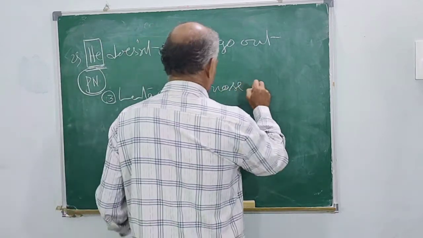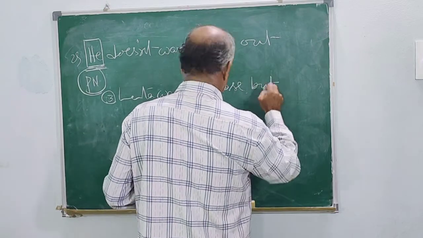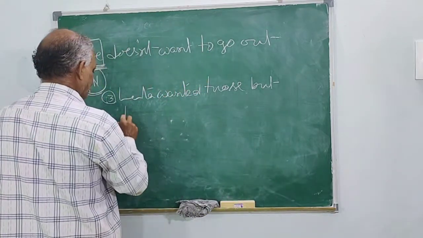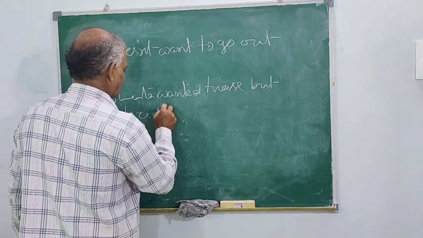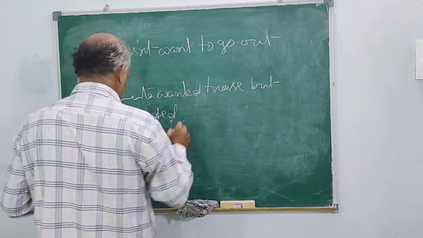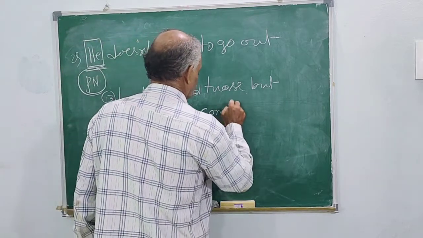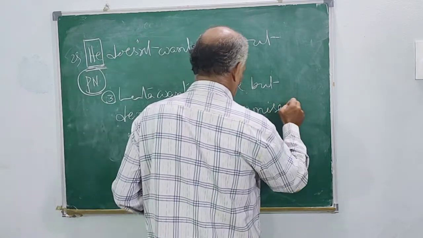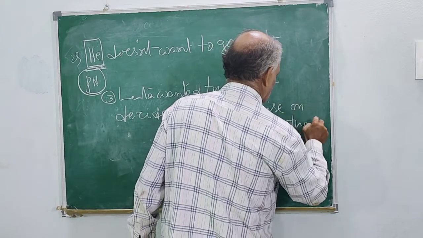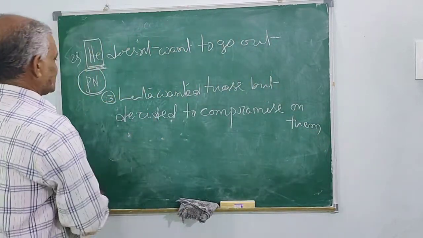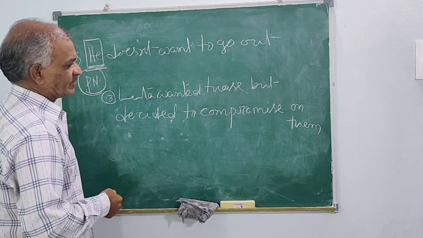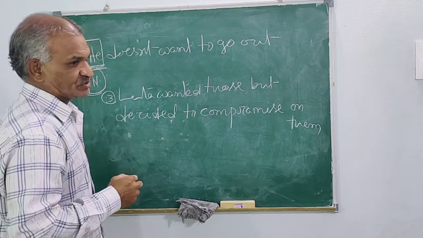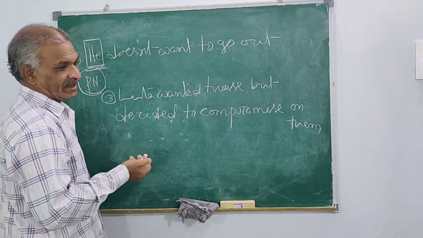Lata wanted those, but decided to compromise on them. So in this sentence, a number of groups of words are there, but here we have to wait for the question, where he has underlined.